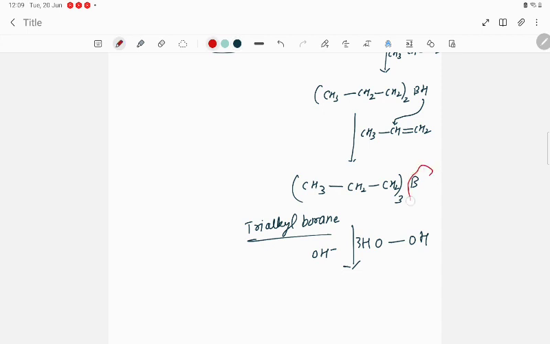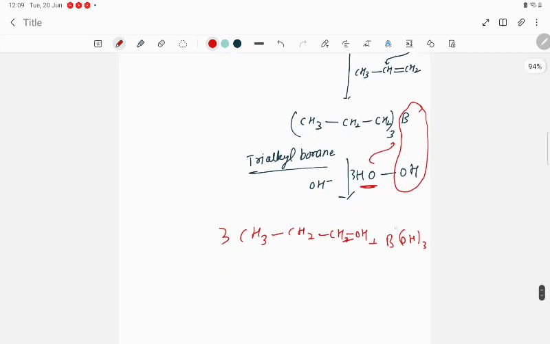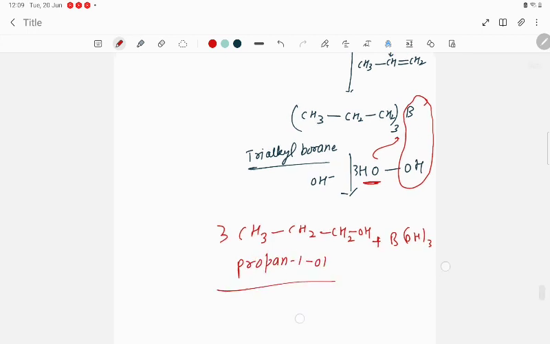So boron trihydroxide, B(OH)3, is going out, and what is left behind is 3 molecules of propanol, CH3, CH2, CH2, and this OH is going to be here, so CH2 and this will be OH. So 3 molecules of propan-1-ol we got. How many molecules? 3 molecules.